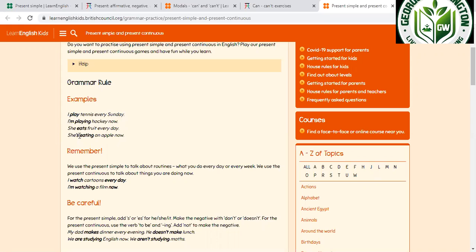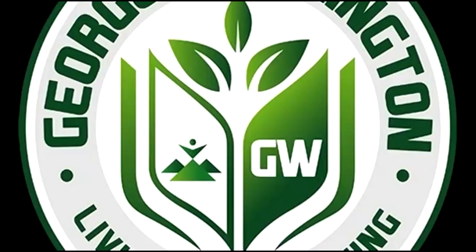She is eating an apple now. Okay, so this is a routine. I use the present simple for a routine and the present continuous to speak about an action that is happening at the very moment. Okay.